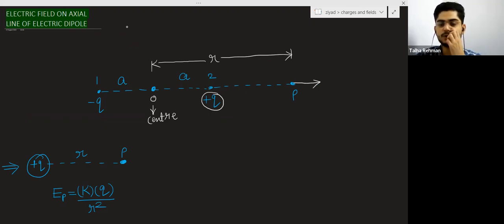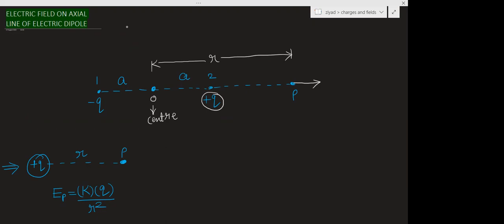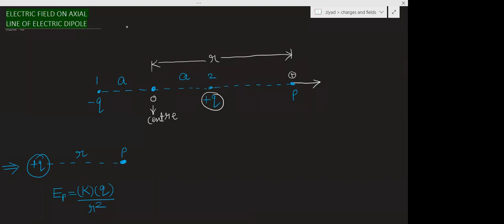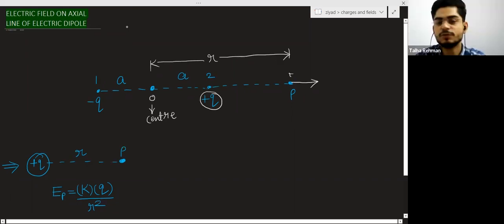I have told you, where you want to find the direction of the electric field, consider there a positive charge. This positive and this positive will repel. And the direction of force is the same as the direction of the field. So the direction of the electric field will be in this direction.